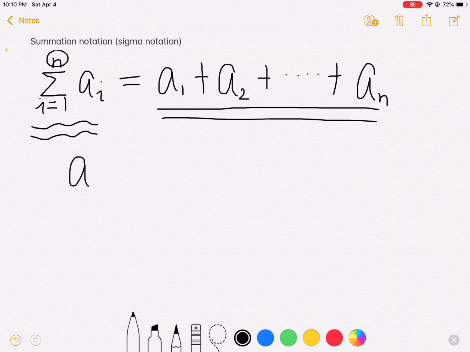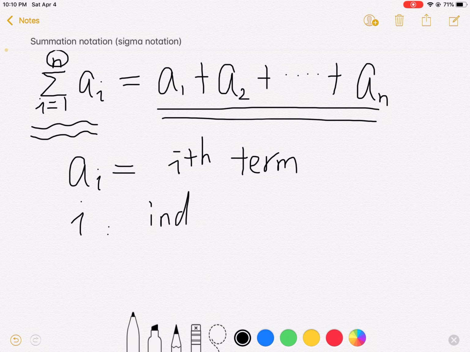Here, a sub i is called the general term, the i-th term. And i is called the index. And here, i equals 1, the 1 here is called the lower bound.